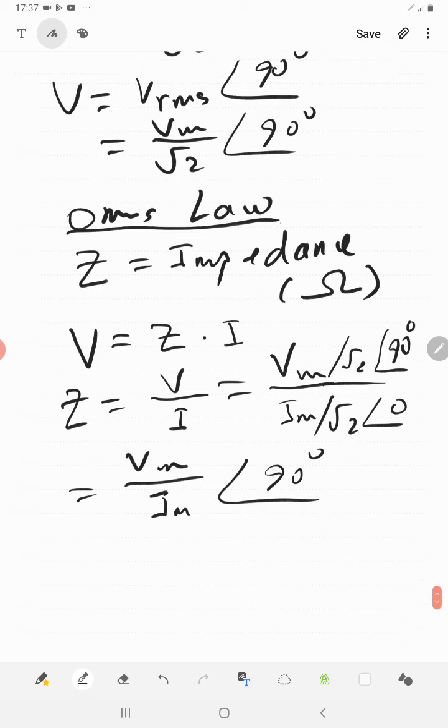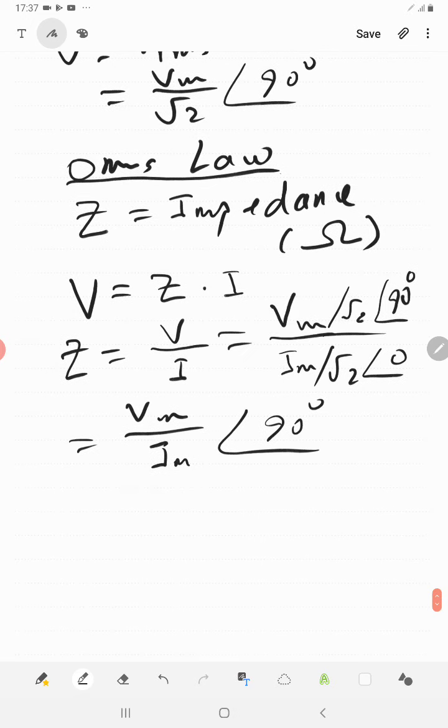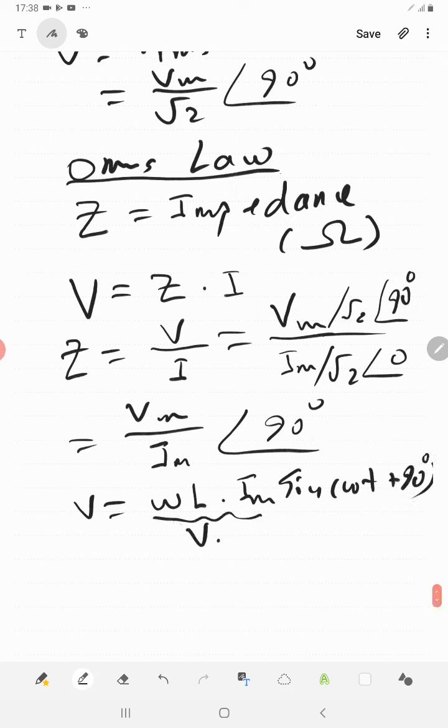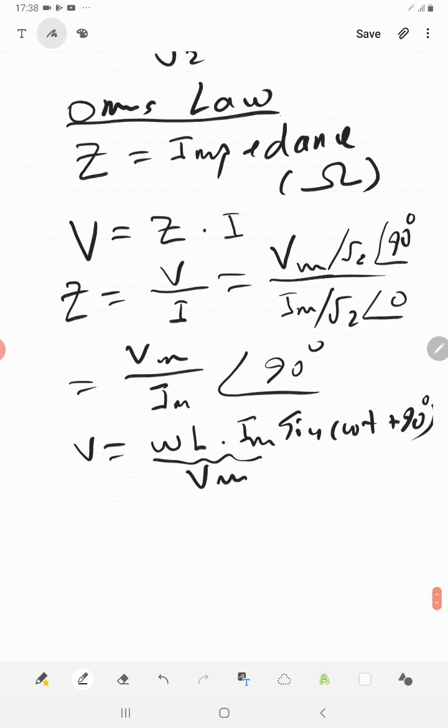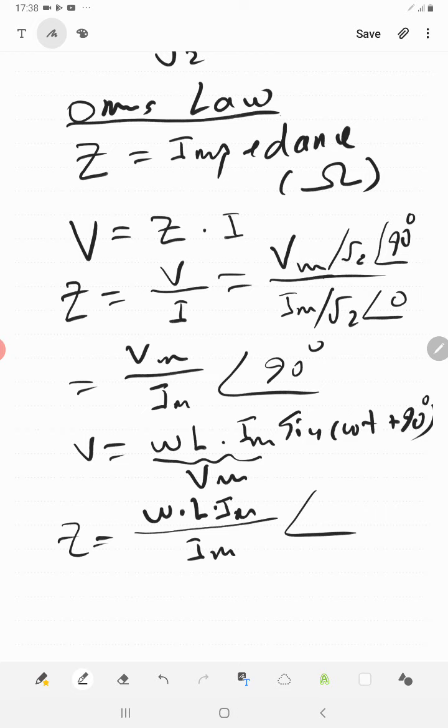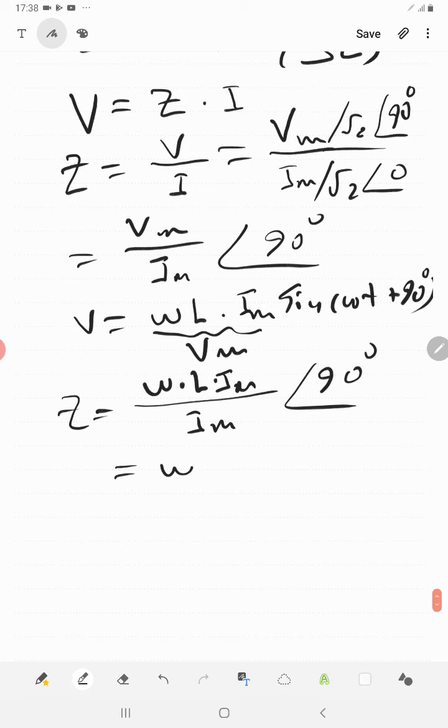Now, what is V maximum? If we look, V is equal to omega L, I maximum, sine omega t plus 90 degrees. So this is V maximum, okay? So Z is equal to omega L, I maximum, that's V maximum, divided by I maximum, angle 90 degrees. So this will be omega L, angle 90 degrees.